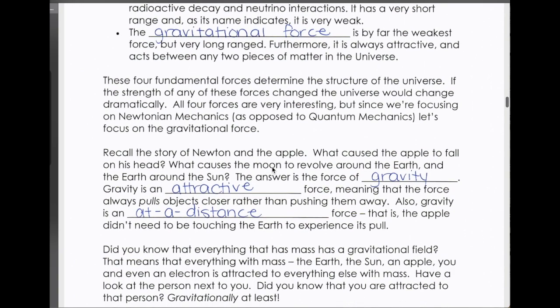Okay, so like I said, gravity is an attractive force, and it is an at-a-distance force. Okay, so they do not need to be touching. The closer 2 objects are, the greater the gravitational pull, but you can still have gravity affecting 2 objects that are far apart as well.